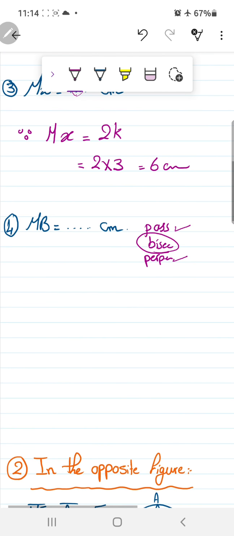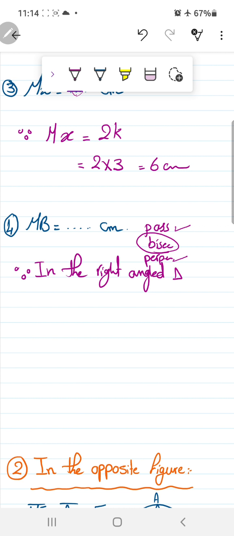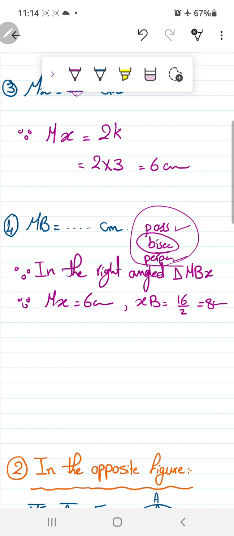In the right angled triangle MBX, MX equals 6 centimeters and XB equals 16 divided by 2 equals 8, as we said from the 3 corollaries. So by using Pythagoras theorem, MB equals square root of 6 power 2 plus 8 power 2.